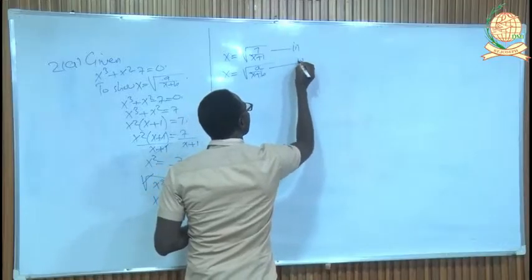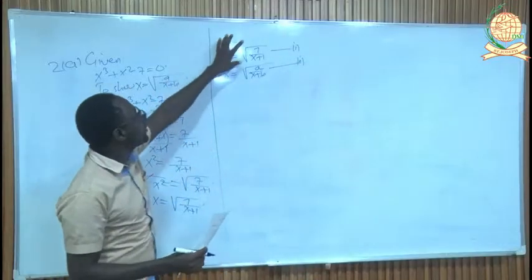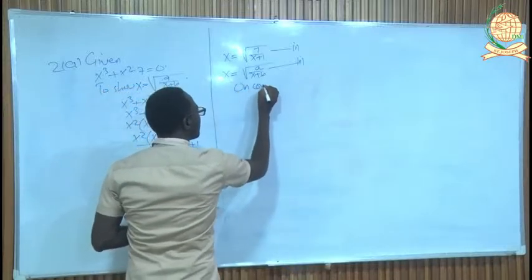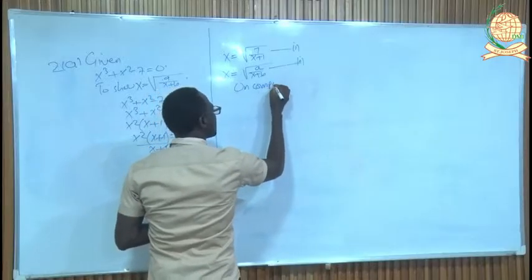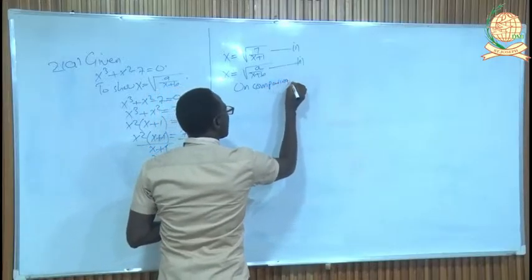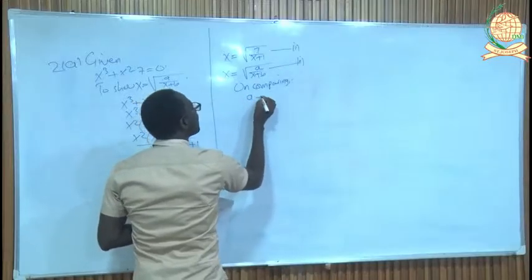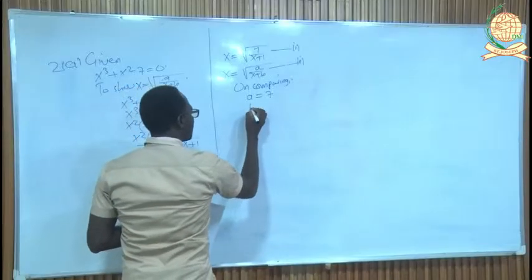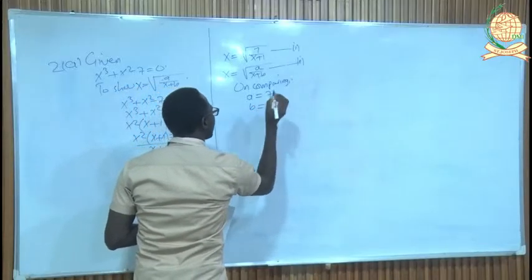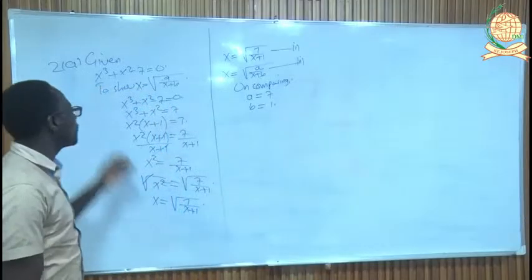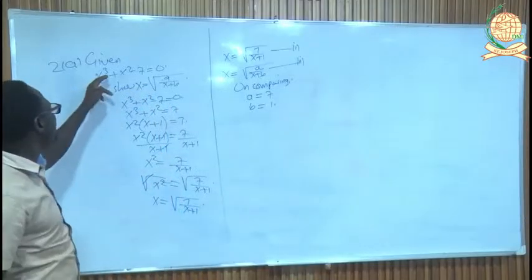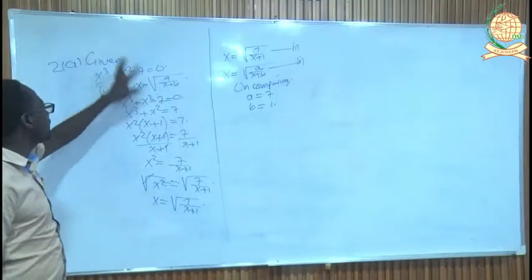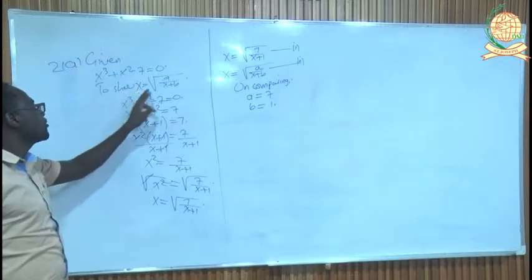Now, if we compare equation 1 and equation 2, on comparing, the value of a will be equal to 7, and the value of b equals 1. Yeah, this is question number 2a, that we have this equation x^3 + x^2 - 7 = 0, and we need to show that this one can be written as x is equal to under root of a over x plus b.